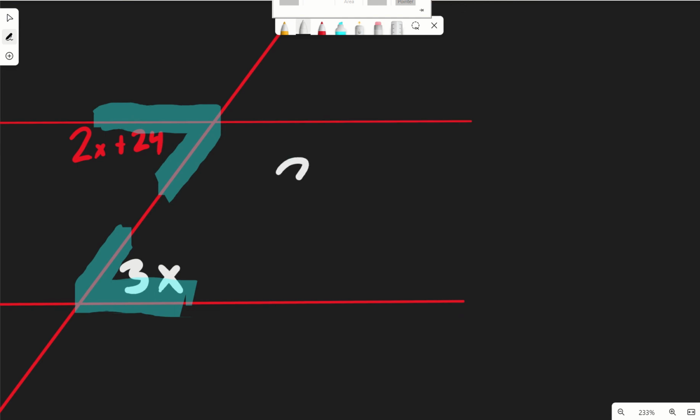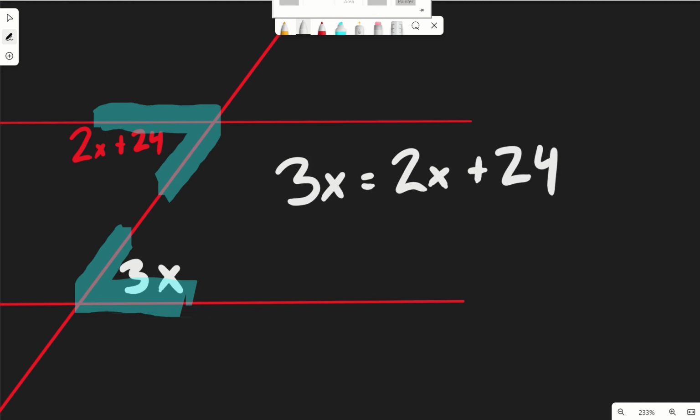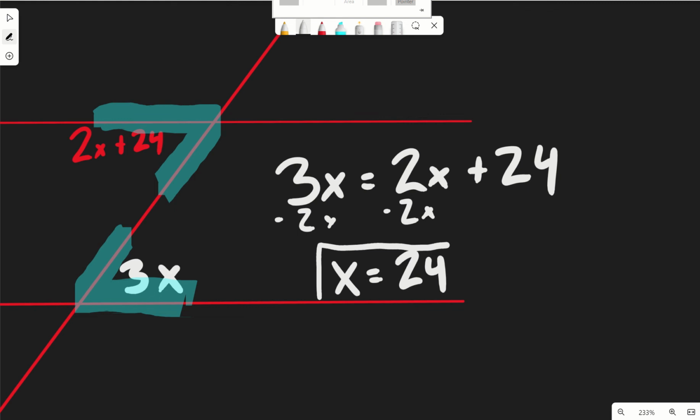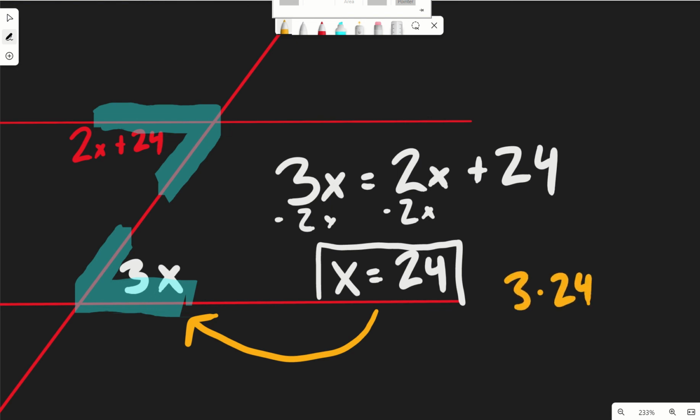So I know that 3x equals 2x plus 24. I'm going to minus 2x, and I get x equals 24 degrees. Now I'm going to substitute x equals 24 into one of my equations, so this angle here is 3 times 24 degrees, which means that angle has a grand total of 72 degrees.